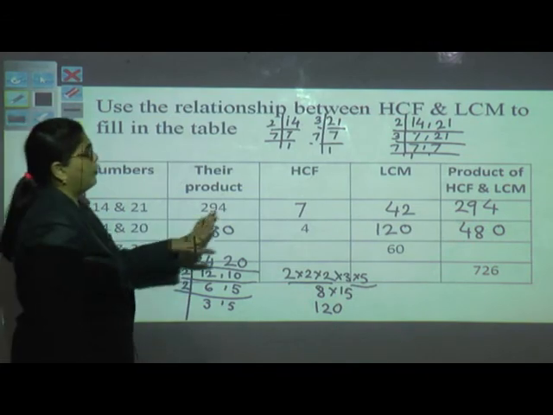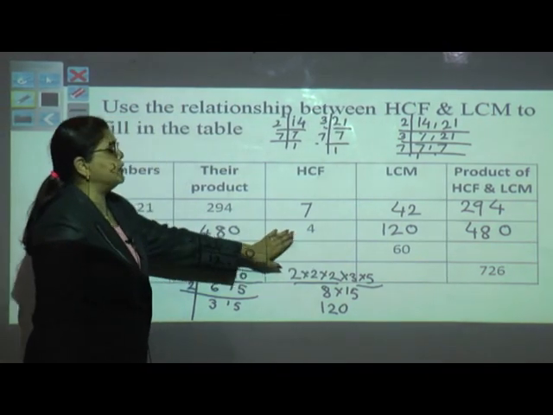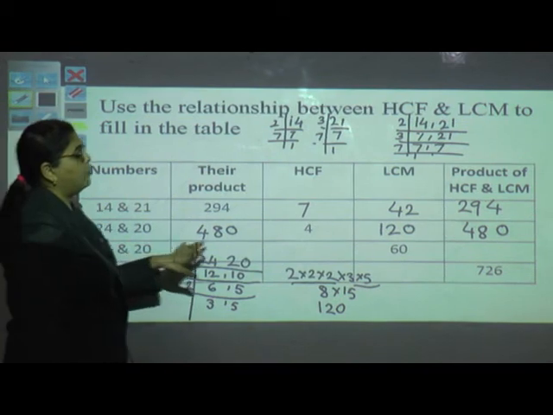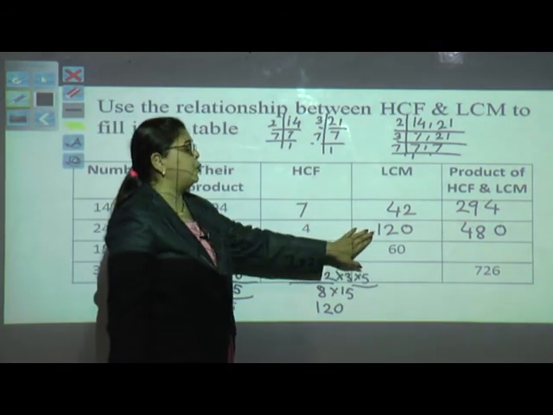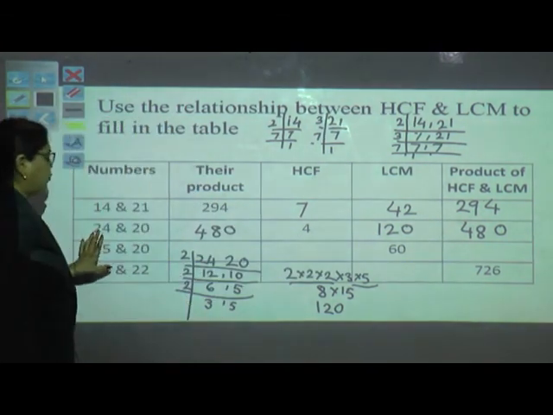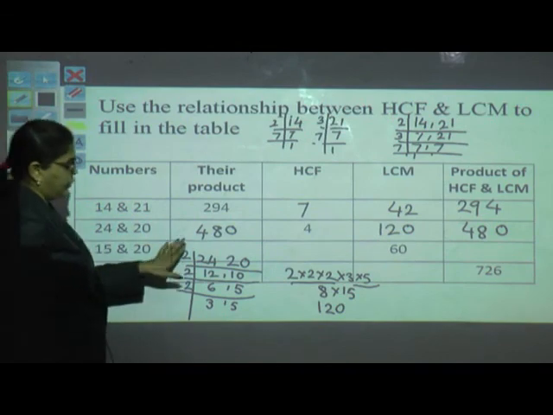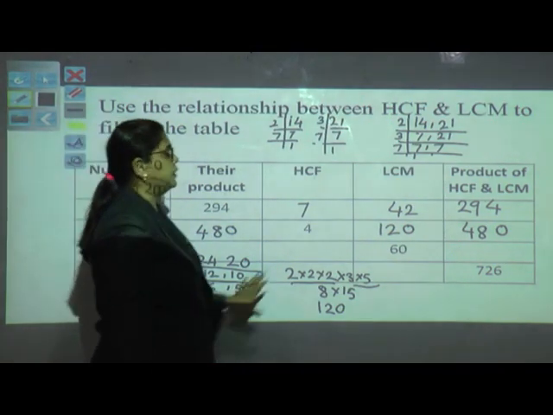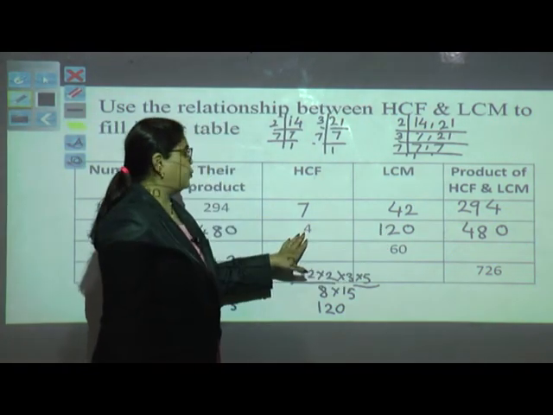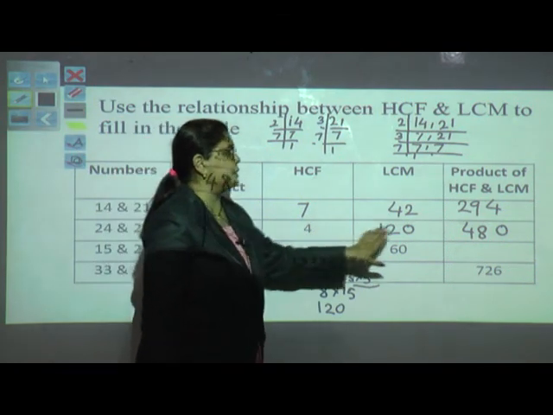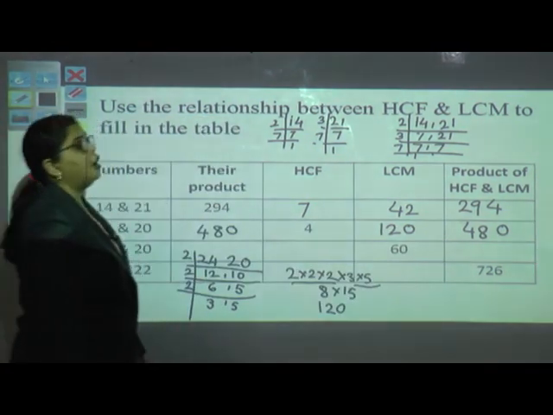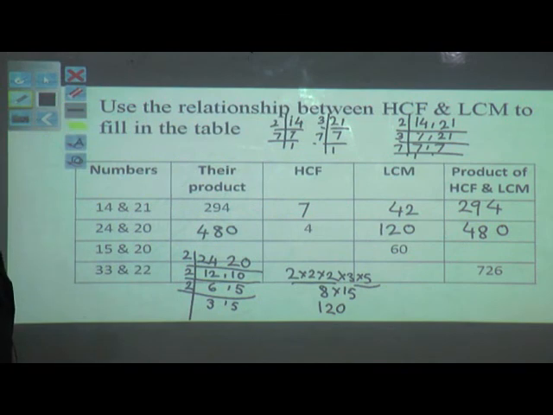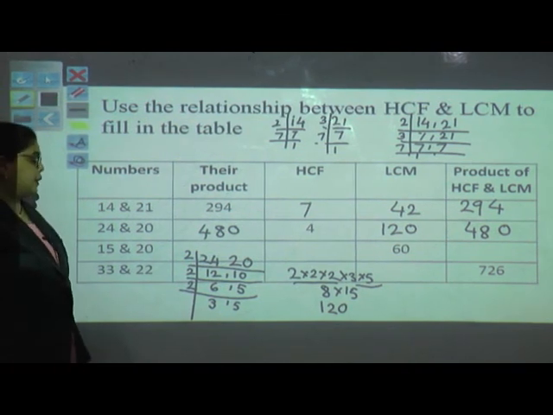Then the HCF is already given to us, and we have to find the LCM. You know, in the LCM we have to take the numbers together and find the multiples of them, and then we have to multiply HCF and LCM, and that is nothing but the product of it. The word product is nothing but multiplication.